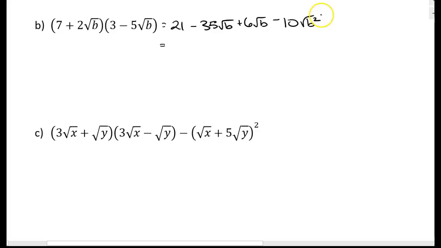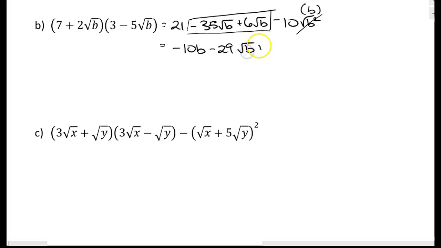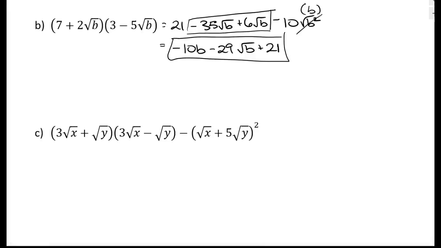Again, remembering that this will simplify to just b and that we can collect like terms. Finally, we're left with a negative 10b minus 29 root b plus 21, and that will be my final answer.